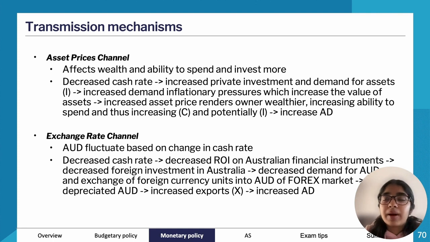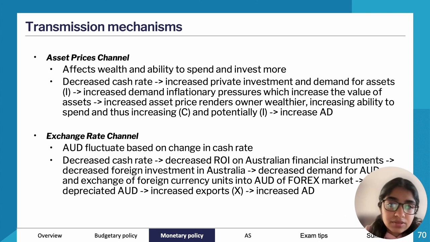People are less able to buy houses, and over time property prices are going to start decreasing. And suddenly the really wealthy people who own lots and lots of property are like, oh wait, my property prices are going down, and they start feeling less wealthy. Because of that, they also reduce their consumption and investment spending, and then aggregate demand decreases.